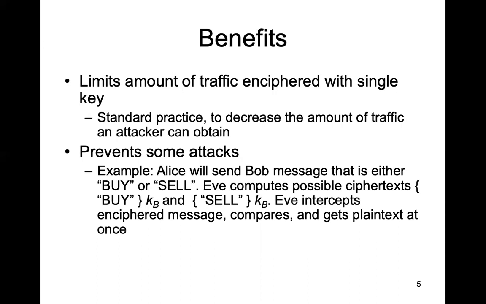Okay, so instead of doing this, Alice will generate a random number, send that with KB to Bob, and then use that key KS to encrypt this buy or sell. So that even if Eve were to intercept the messages, she would not be able to make much sense.